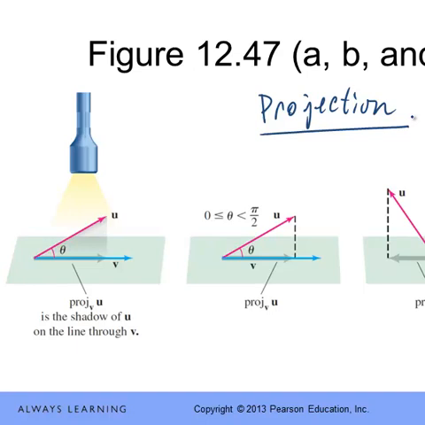Here's the notation of the projection of u onto v. Make sure that you get this right. The vector that you're projecting is u, onto vector v. The vector v is what you see as the little subscript down here.